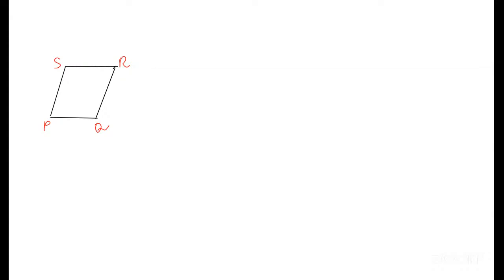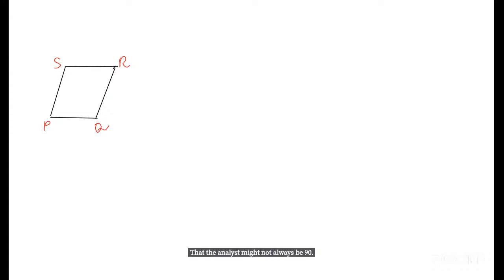Now about the properties of a rhombus. Same as the square, it has all sides of equal measure. All sides are equal. But what is different in a rhombus? The angles might not always be 90 degrees.